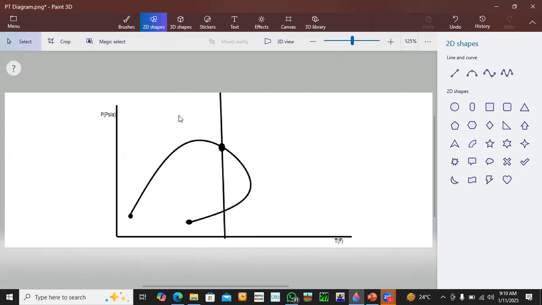All reservoirs with temperatures below this critical temperature, which happen to fall within this area, are regarded as oil reservoirs.